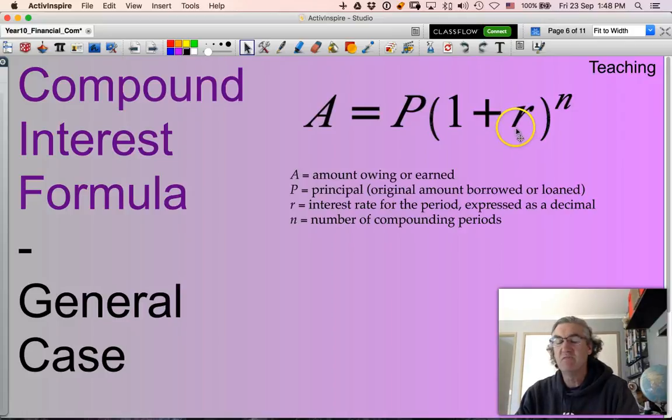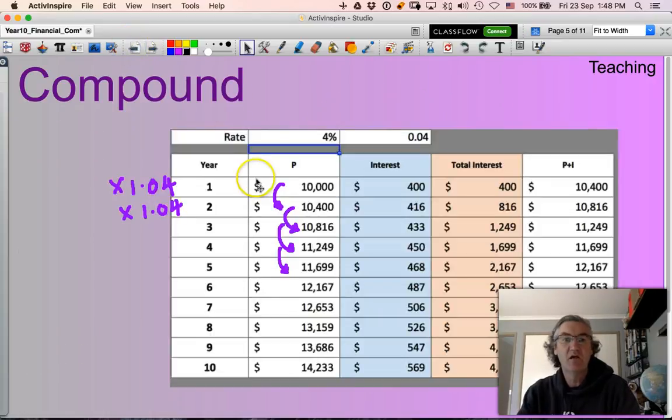Now the rate is going to be for the compounding period, and it will be represented as a decimal, all raised to the power of n. Probably easiest to go through a few examples, but again, just think about what we're doing. Back to this slide here, we are looking at repeated multiplication. So if I'm going up to here, that's 5 compounding periods. Well, actually 1, 2, 3, 4 compounding periods, and my rate would be 4%.